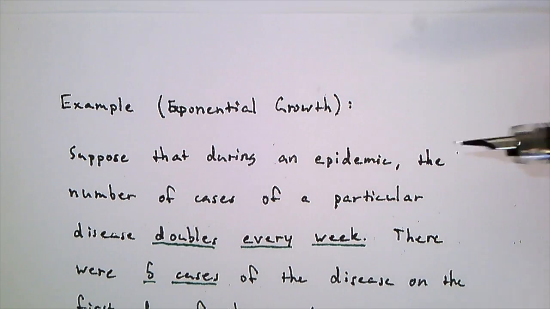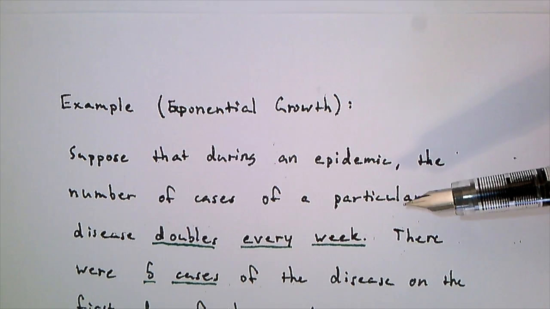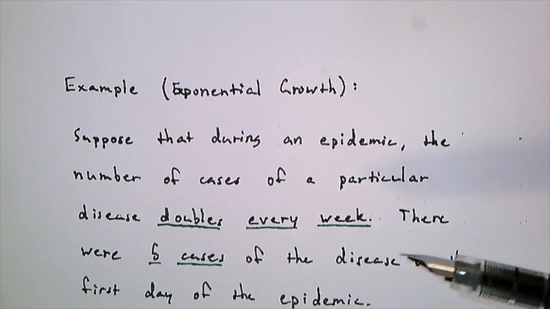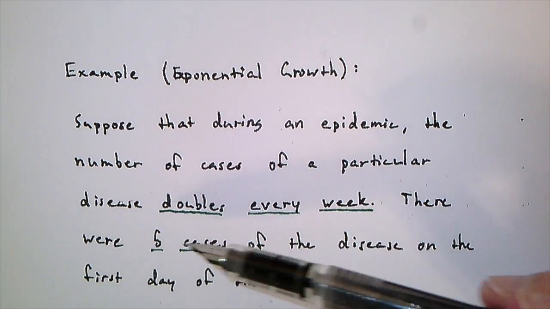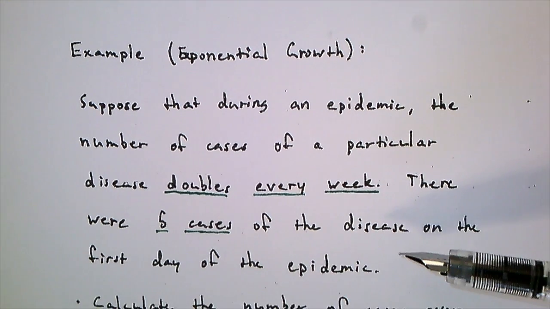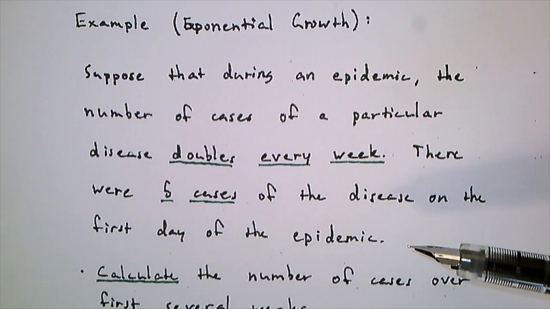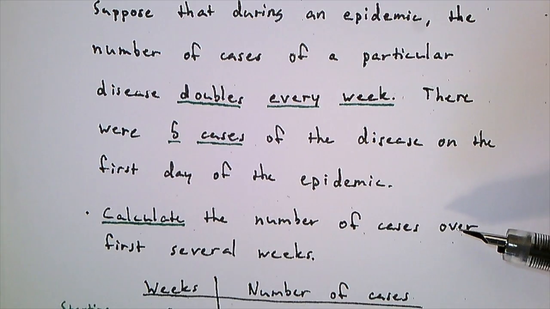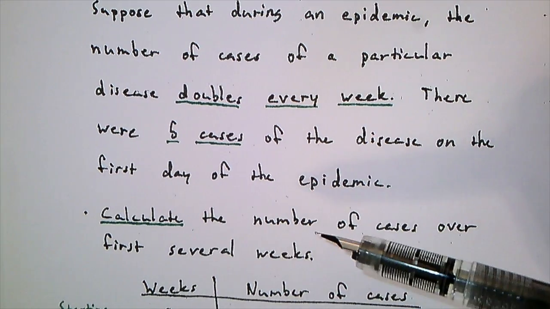Suppose that during an epidemic, the number of cases of a particular disease doubles every week. There were 5 cases of the disease on the first day of the epidemic. So given this information, we want to calculate the number of cases over the first several weeks.